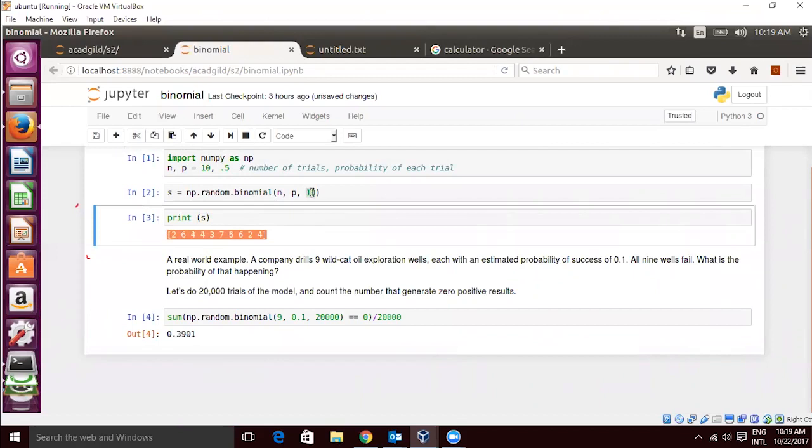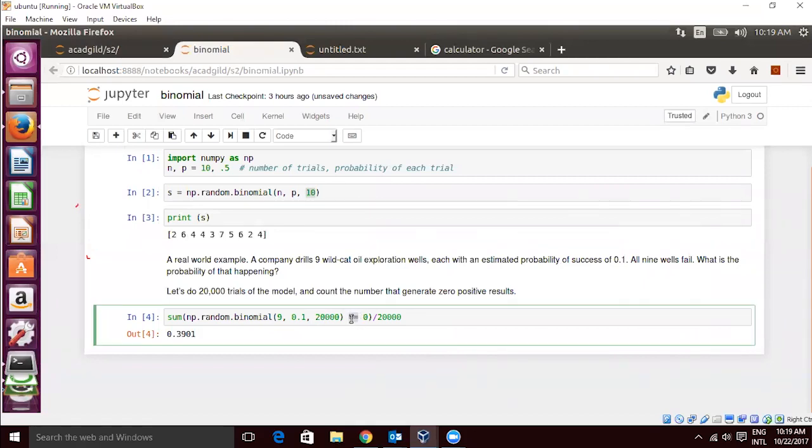Here I generated 10 binomial random numbers. Here I get 20,000 binomial random numbers, but my motive is to get the zero value, so I use the equal to sign. I know you're familiar with Python, so you know what equal to means. Then dividing by the normalization factor gives this probability.